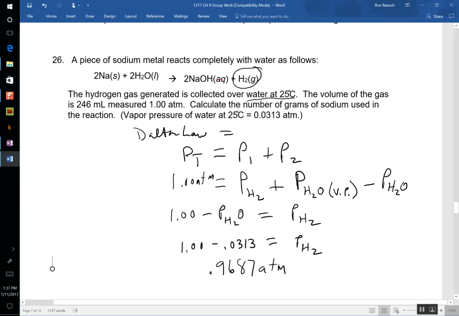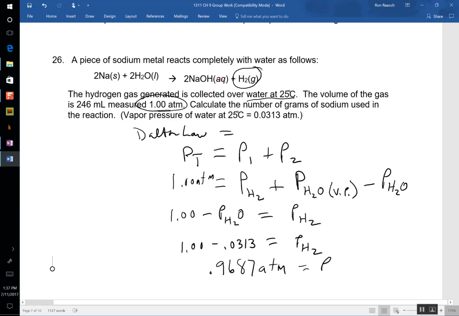All right, so now this is our pressure. The total pressure is 1.00 atmospheres, and that's where I'm getting that, right here.